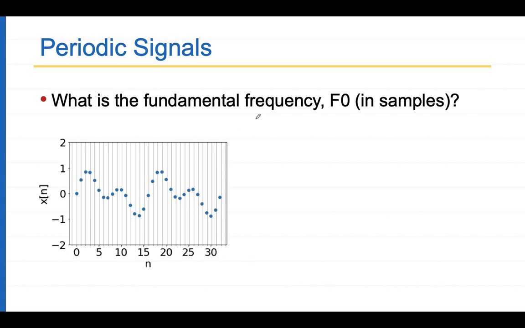Now, what is the fundamental frequency of a signal? So if we consider any signal, the fundamental frequency f naught is basically 1 upon N, right? And N is the time period, the period in samples. If I know the sampling rate fs, I can convert these things into continuous time frequency in hertz, in samples per second, right?